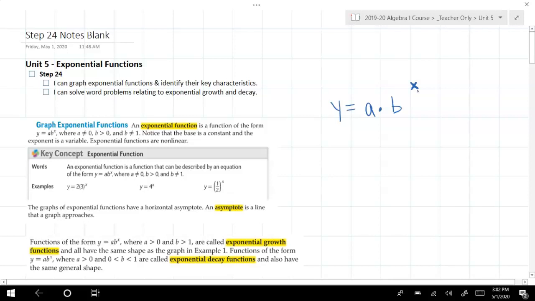What makes an equation exponential is when x, the variable, is in the exponent.